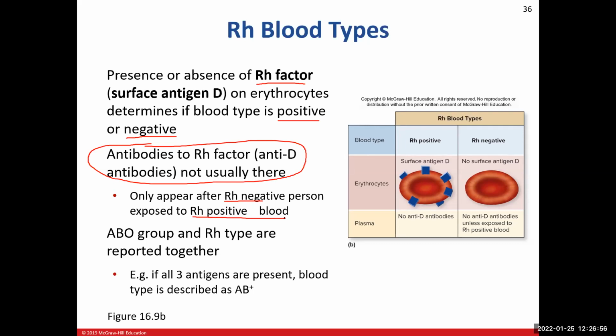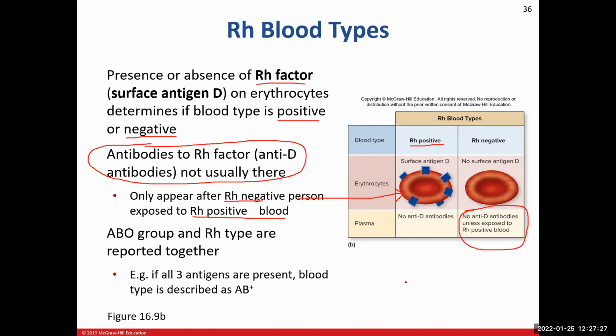Now that's okay for that fetus initially because mom doesn't have the antibodies yet. But once the baby is born, mom now has antibodies. So she has to be careful the second time she gets pregnant because if that fetus is Rh positive, her antibodies could attack the fetus's red blood cells.